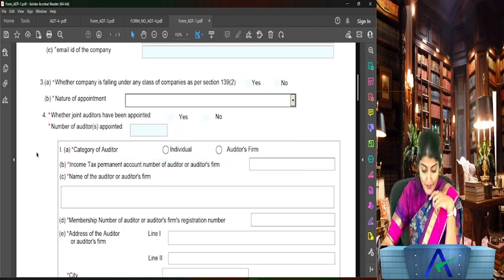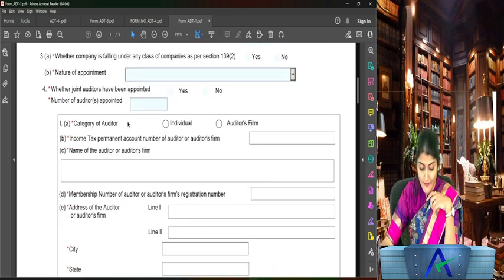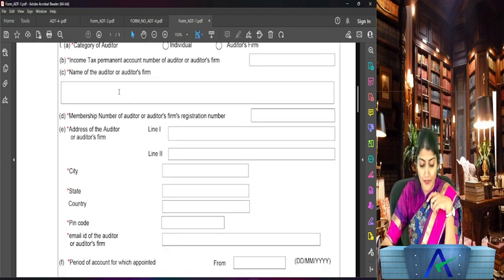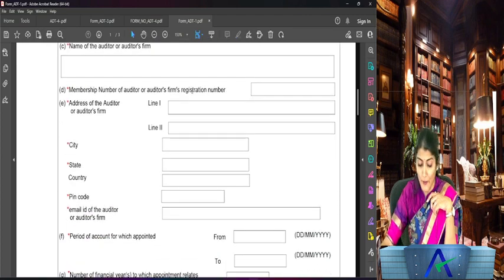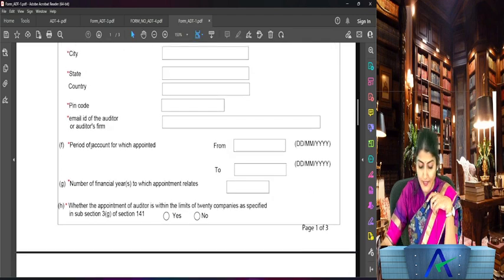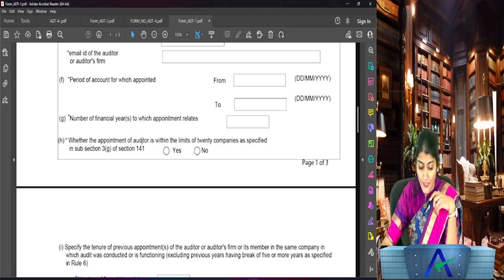Right, so appointment. Then whether joint auditors have been appointed, then the number of auditors appointed, category of the auditor, is it an individual or is it a firm? Then the PAN of the auditor, name of the audit firm, membership number, firm registration number, address of the auditor, city, state, country, period of accounts for which they are appointed, number of financial years.